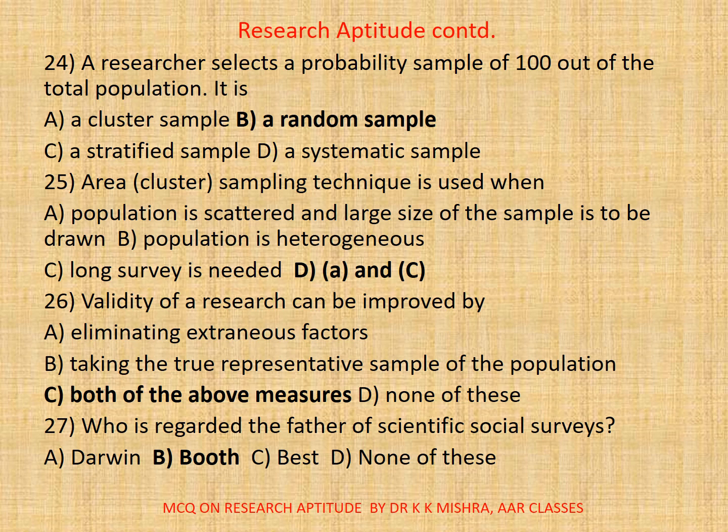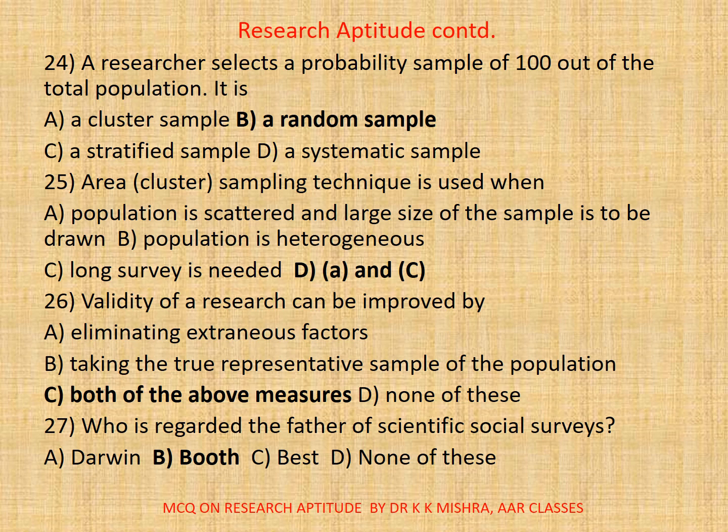Area sampling technique is used when A. Population is scattered and large size of the sample is to be drawn, B. Population is heterogeneous, C. Long survey is needed, D. A and C. The correct option is D. 26. Validity of a research can be improved by A. Eliminating extraneous factors, B. Taking the true representative sample of the population, C. Both of the above measures, D. None. Correct option is C.